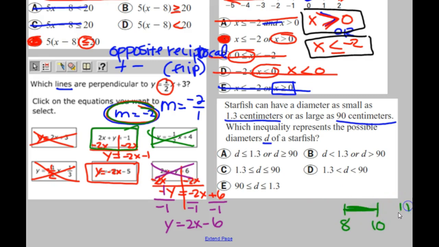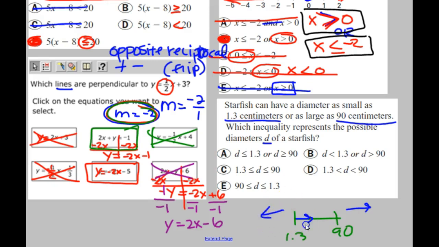It wouldn't be an 11 out here. So what they're telling us is that the size of our starfish is between, oops, I didn't mean to put arrows on there. The size of our starfish is between 1.3 and 90. It can't be greater and it can't be less.